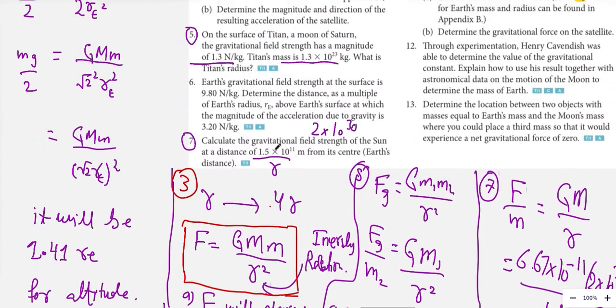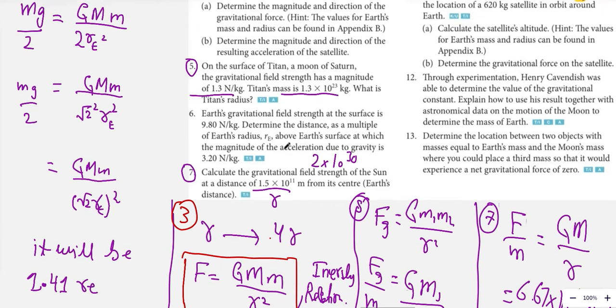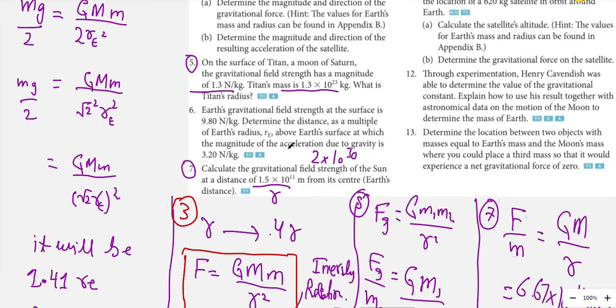Now in question number 5, we have a moon of Saturn which is Titan, and on the surface of Titan the strength of the gravitational field is 1.3 Newton per kilogram.